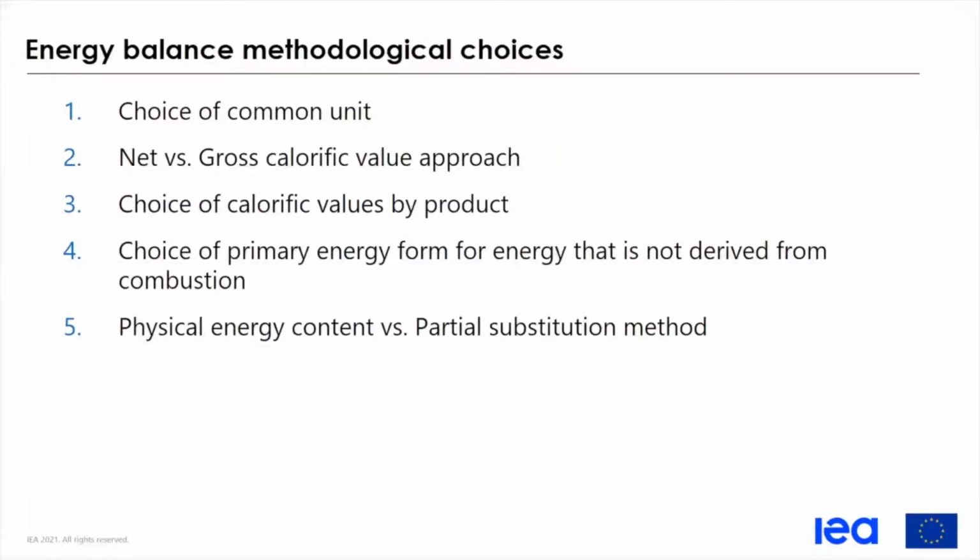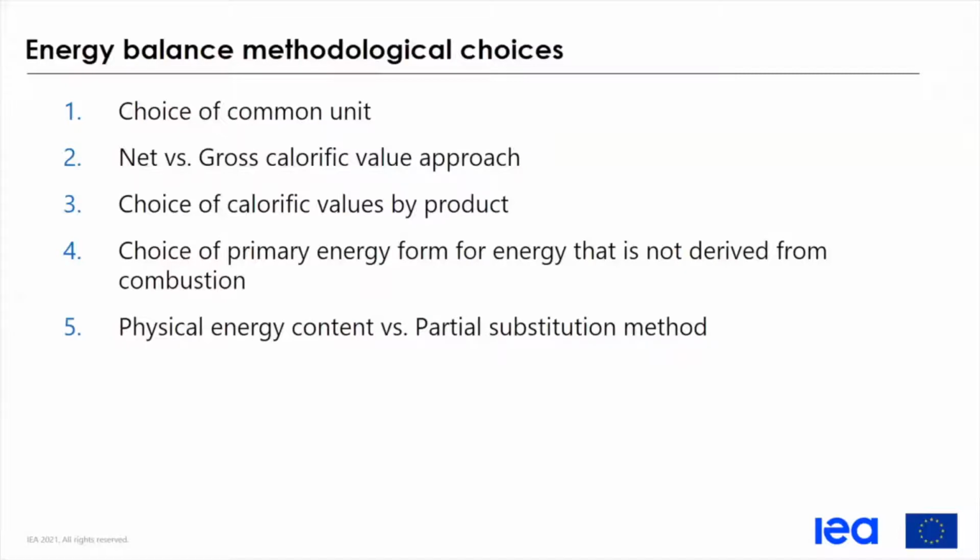When constructing an energy balance, it is necessary to adopt conventions for primary energy from several sources, such as nuclear, geothermal, solar, hydro, wind, etc. For each of these sources, there is a need to define the form of primary energy to be considered.